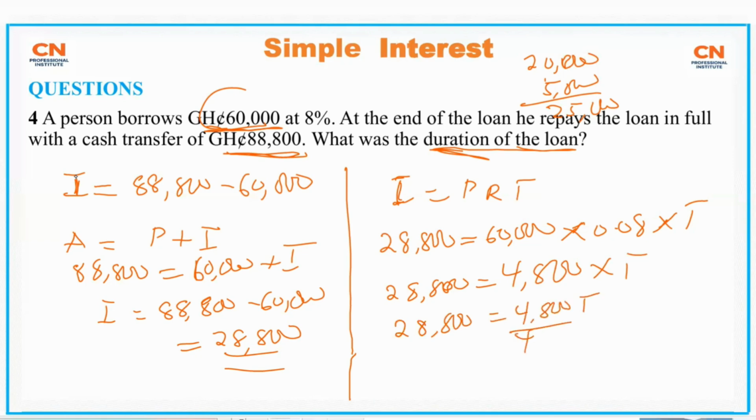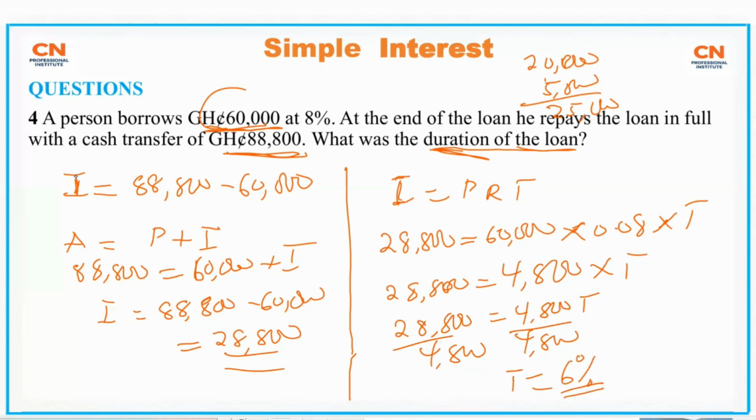You divide by 4,800. Your T will be equal to 28,800 divided by 4,800. And I'm getting T to be exactly 6. All right.